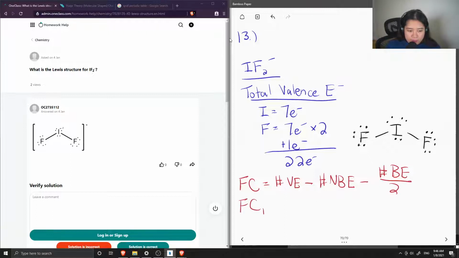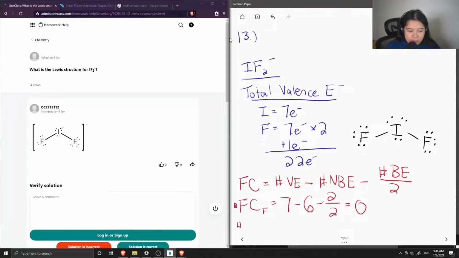Let's do fluorine first. Fluorine has 7 valence electrons. The number of non-bonding electrons are the electrons in the lone pairs, so 1, 2, 3, 4, 5, 6. The number of bonding electrons is 2 because there's one bond. So 7 minus 6 minus 1 is equal to 0.